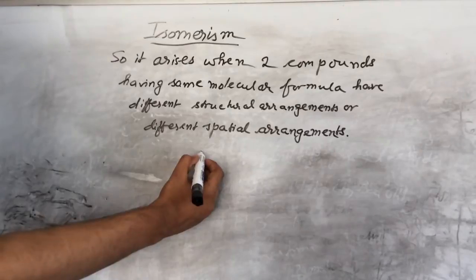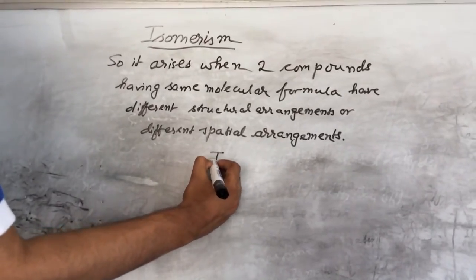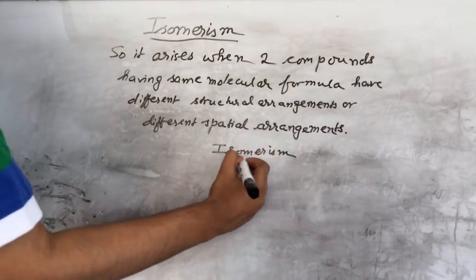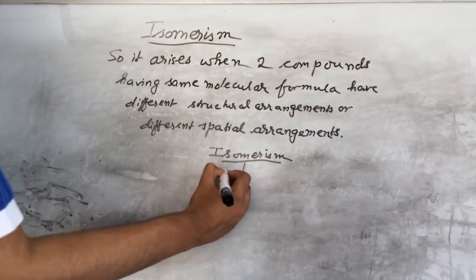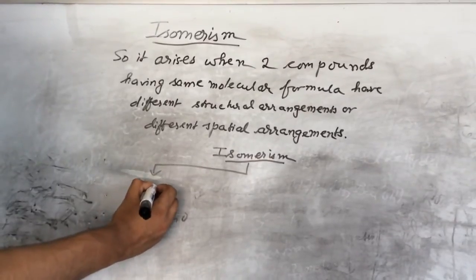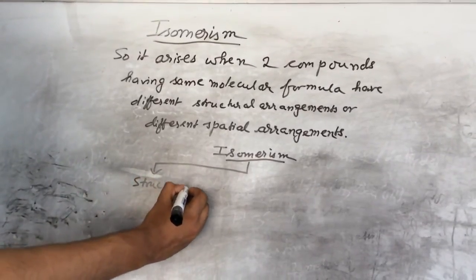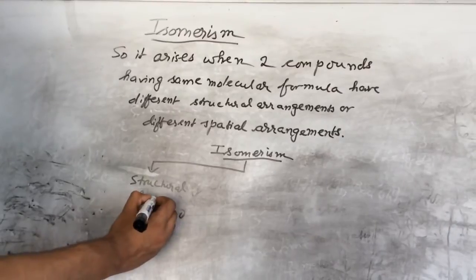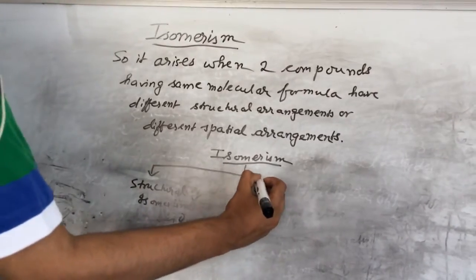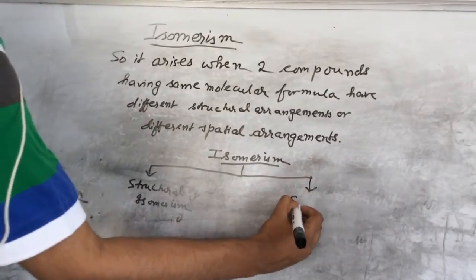So we can divide isomerism basically into two parts. One is the structural isomerism, another is the stereoisomerism.